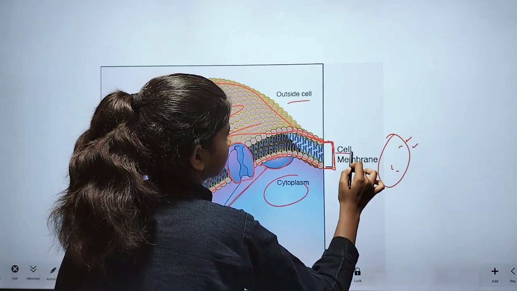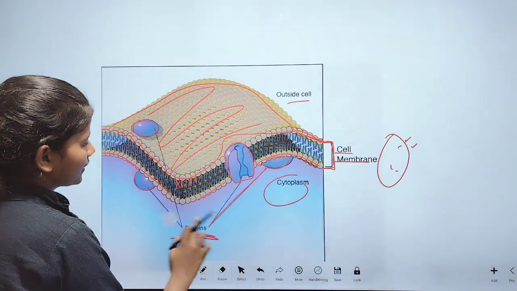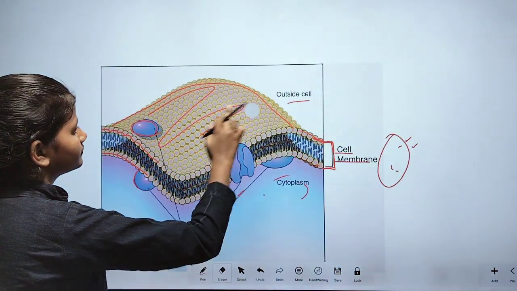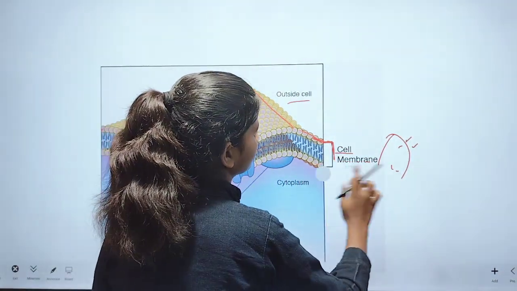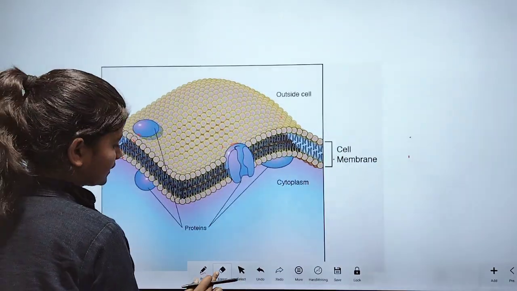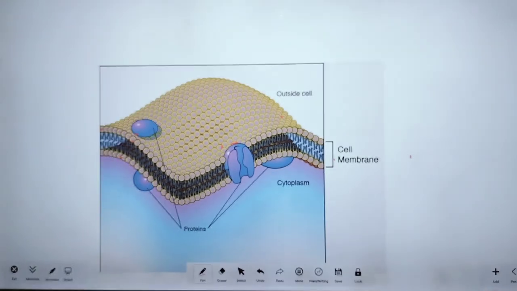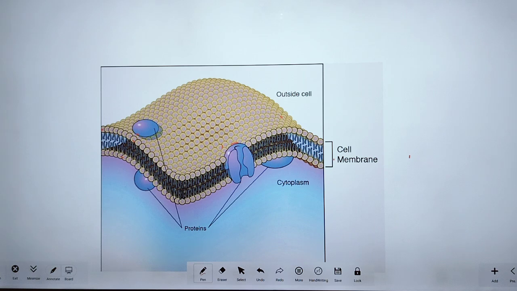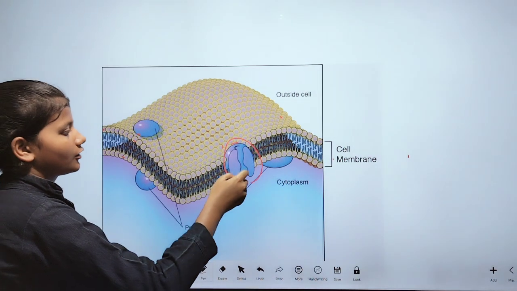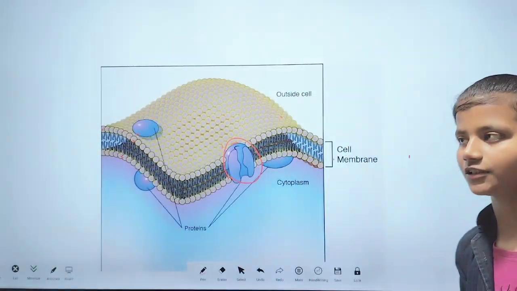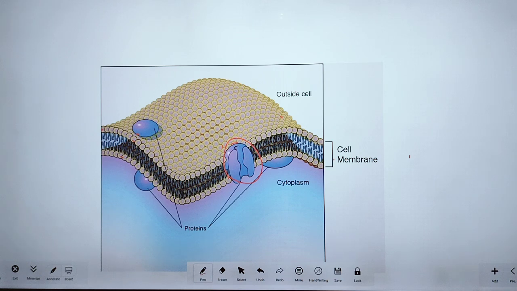Here you can see that some proteins are embedded in the layer of phospholipids, or the lipid bilayer.